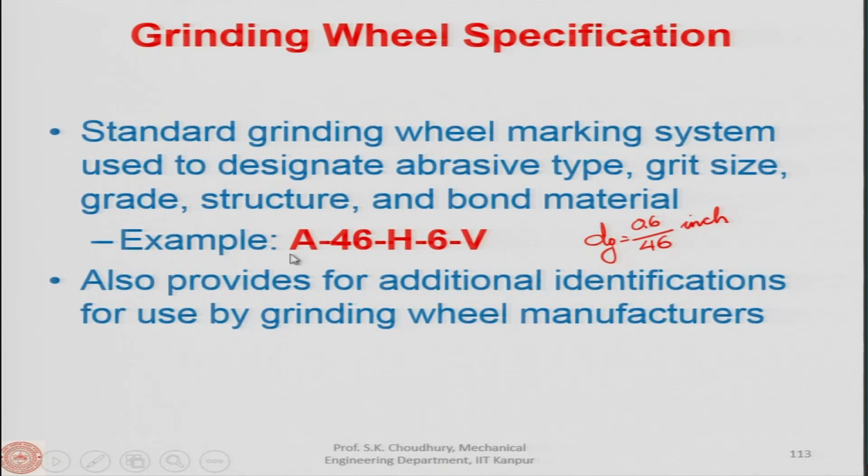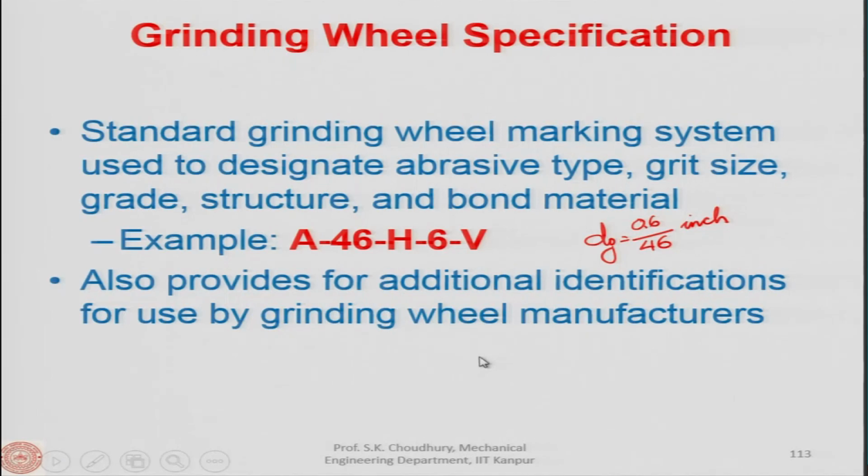Other way of saying, suppose you need a particular surface roughness, a particular material that is being ground, and a particular condition given to you of the workpiece material and the parameters.